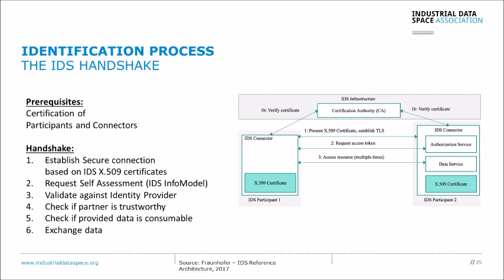But what you need is the certification, and you will receive an X509 certificate that you have to place inside your connector. Because this is the thing you need first to establish a secure connection, a TLS encrypted connection between 2 participants. So in the first place, every connection inside the industrial data space is secure because only participants of the IDS with a valid X509 certificate can establish a connection to any other connector.